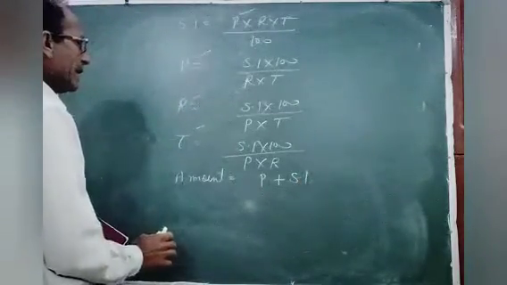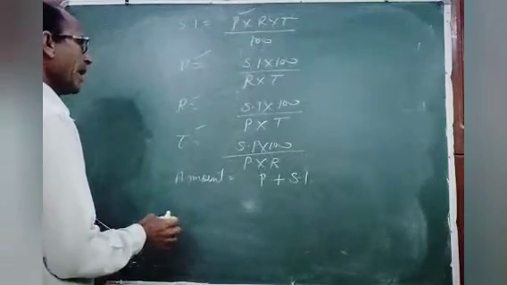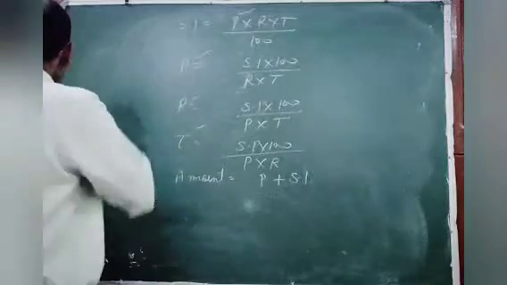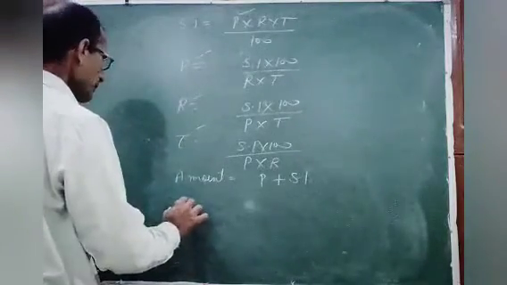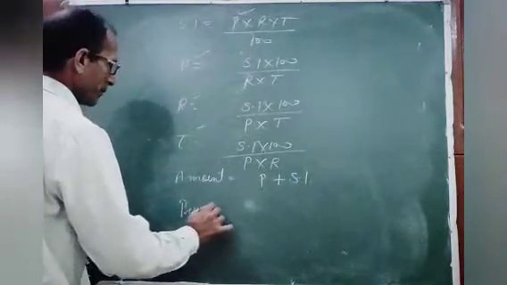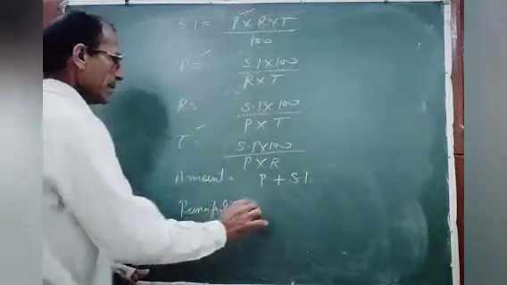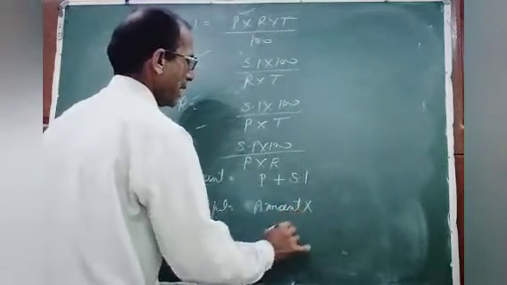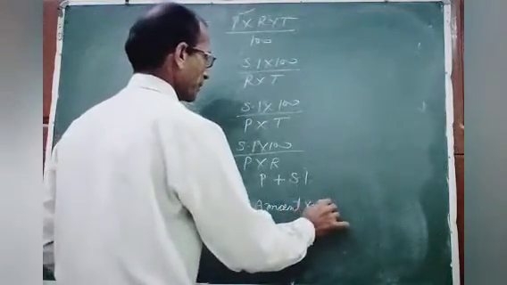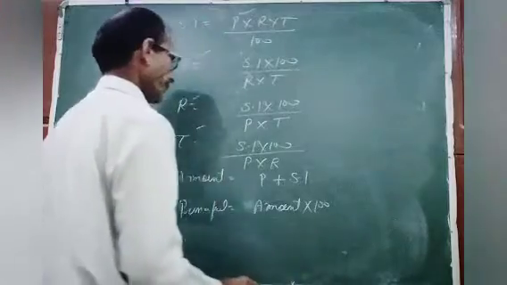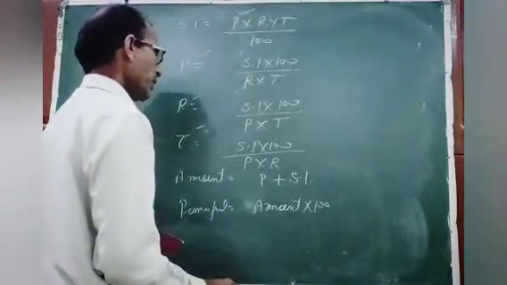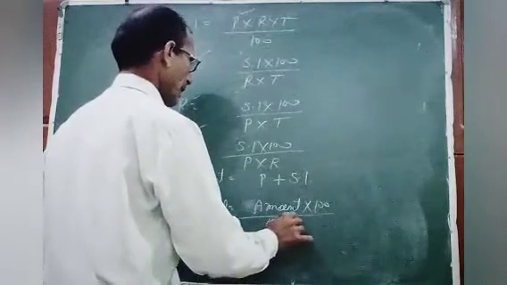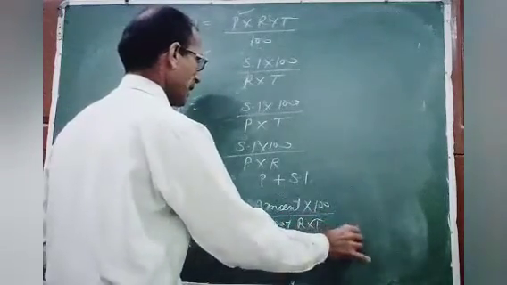If we have to find principal and amount is there, rate is there and time is there, then principal equals amount multiply 100 upon 100 plus rate multiply by time.